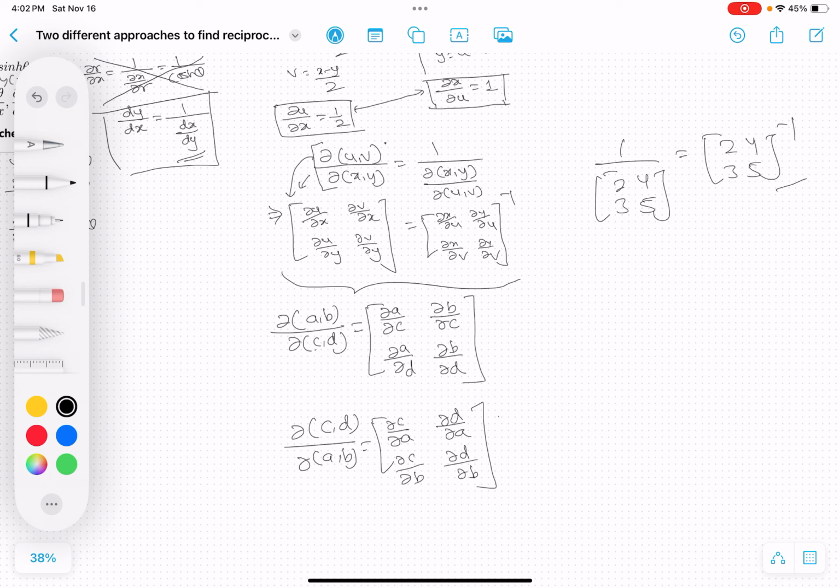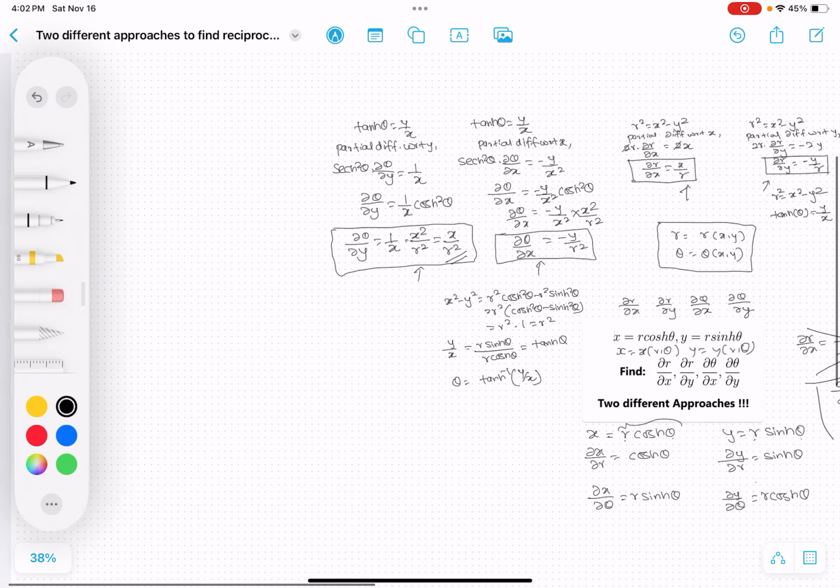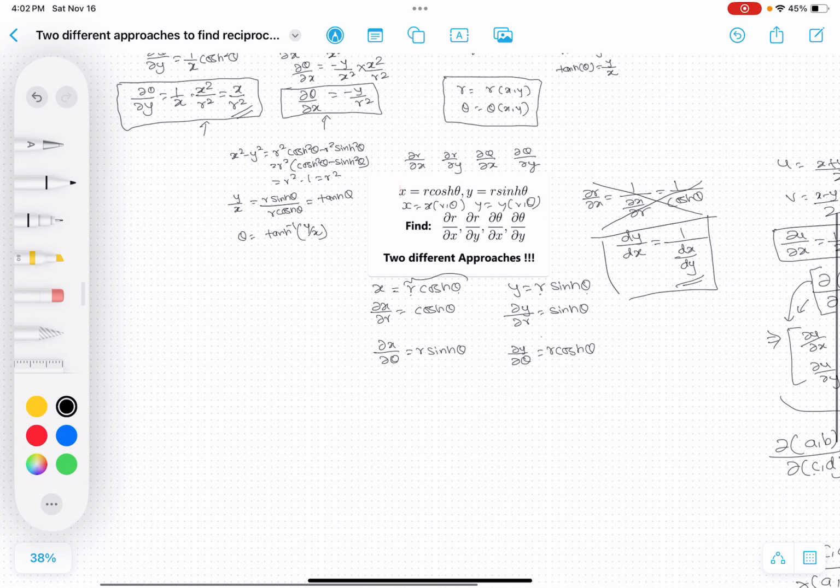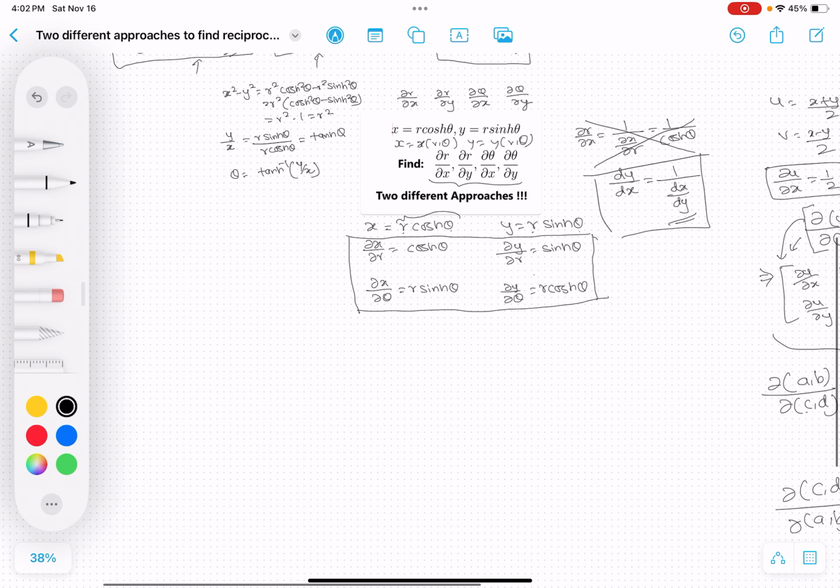Now over here also, if I use that, we can easily find this 4, right? You can easily find this 4, and from this 4 you can find the other 4s. So let us see how we do that. To do that, we will use the same notation, partial of r theta.